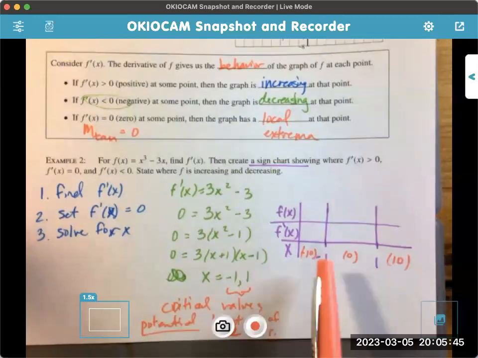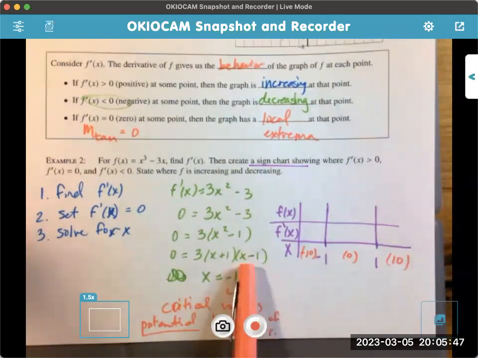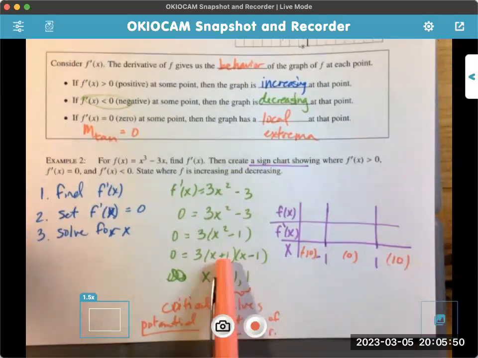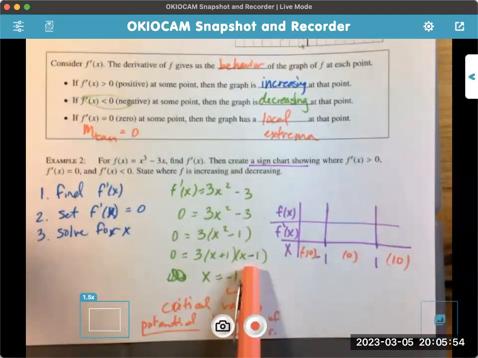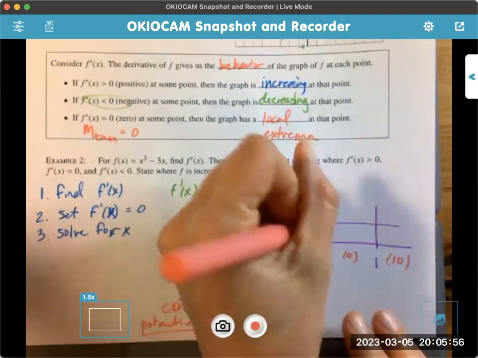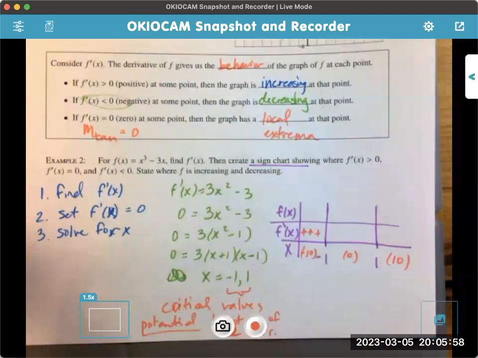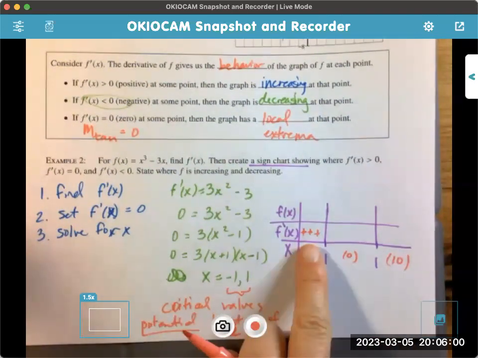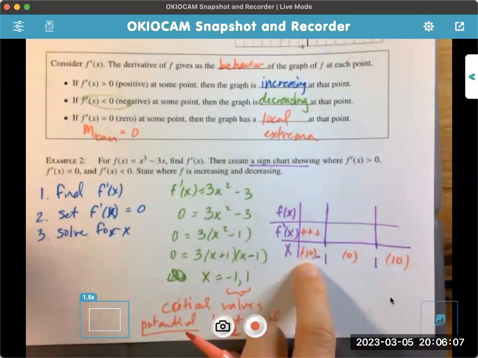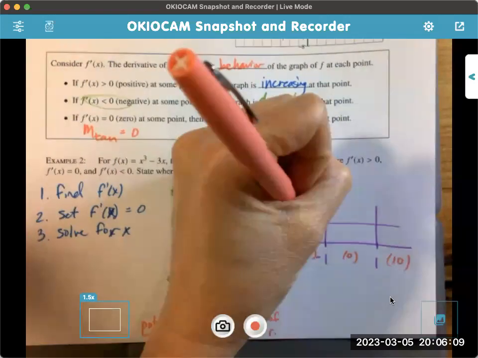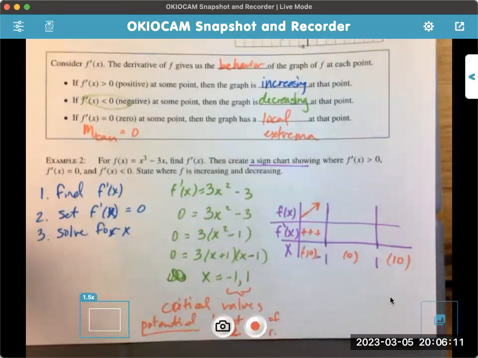All right, so if I pop -10 in to say here, then we have negative times a negative, which gives us a positive. Okay, again, I do not care what the actual number is. What I do care about is that this is positive. So what this means to us, remember, is if it's positive, f of x is increasing.